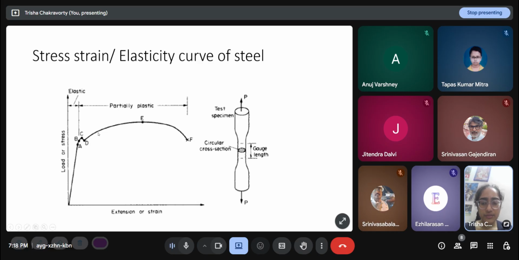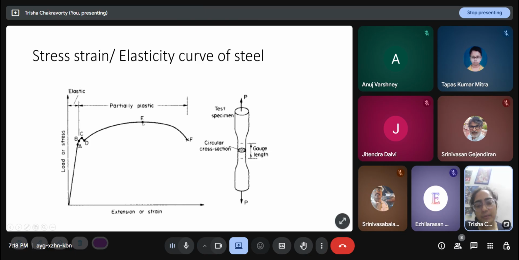And then after that, when the slope has reduced, this is where the ductility of steel is being exhibited. We increase the load, the strain increases rapidly, but the stress does increase somewhat. So this is not the ultimate capacity. The ultimate capacity of the material is at E. The stress corresponding to this, if you draw a line parallel to the x-axis and measure this stress, that will be the ultimate stress Fu.